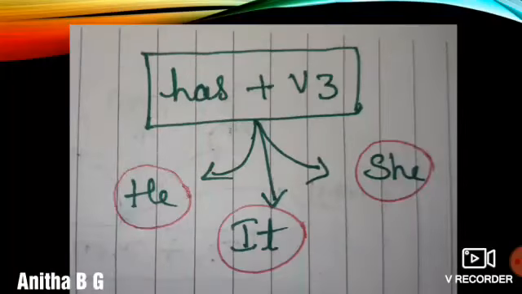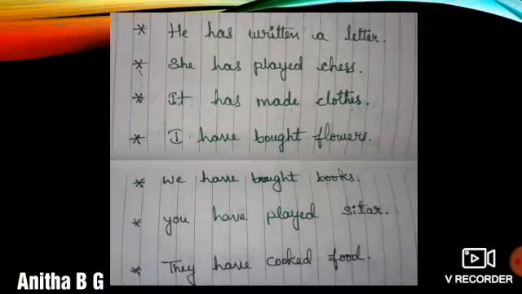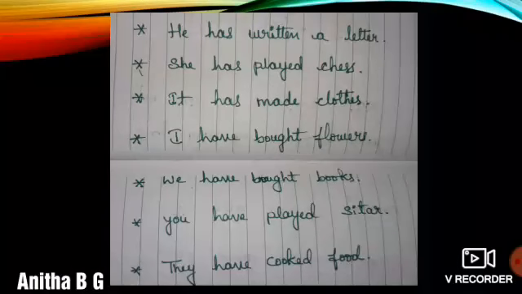For he, she and it, we have to use has plus V3. He has written. It has written. She has written. Let's see the examples. He has written a letter. She has played chess. It has made clothes. I have bought flowers.